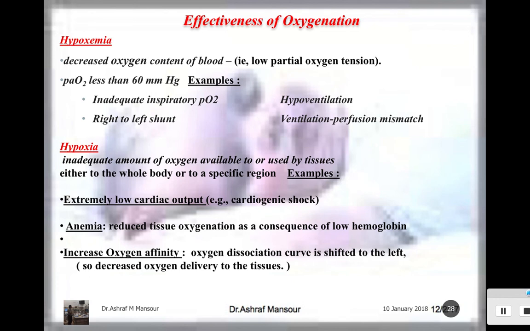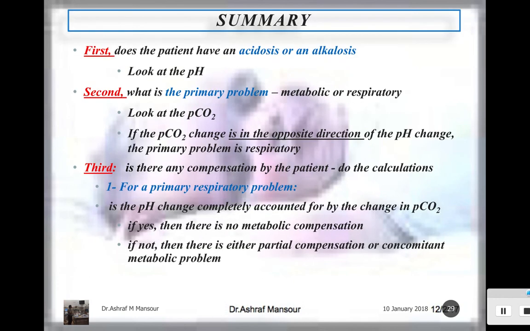So by this we finish an important subject, how to interpret the blood gas and how to measure the compensation, to know the metabolic status of your baby and the acid-base balance. To summarize, you have first to define whether your patient is acidic or alkalotic by looking at the pH.